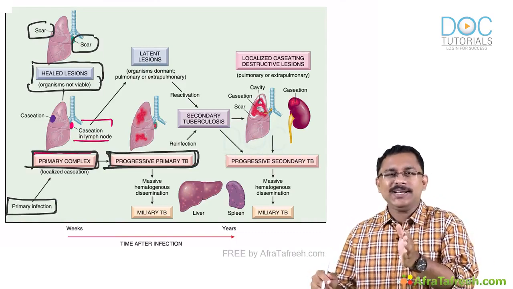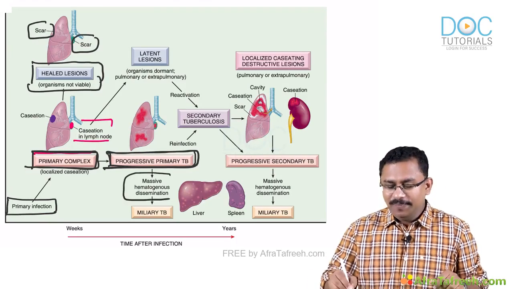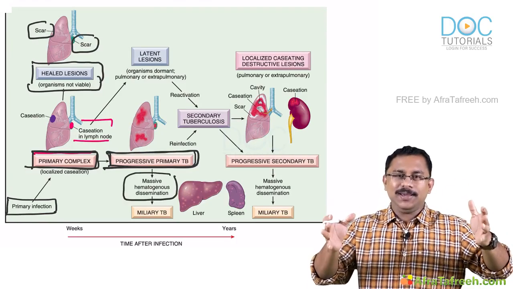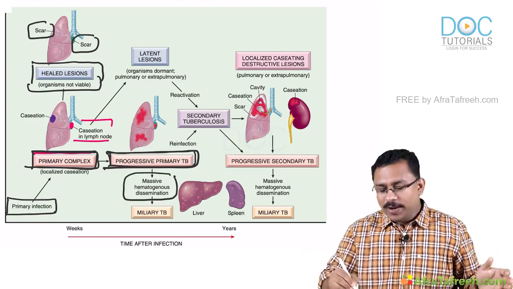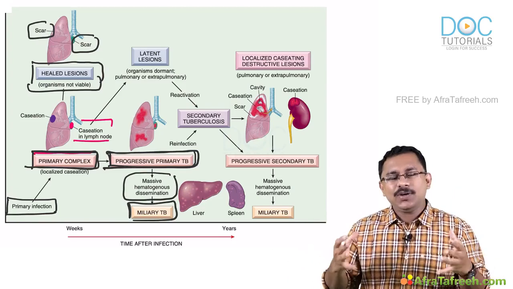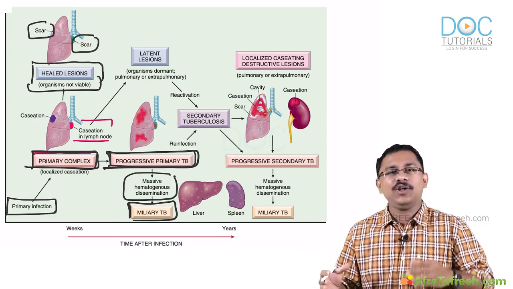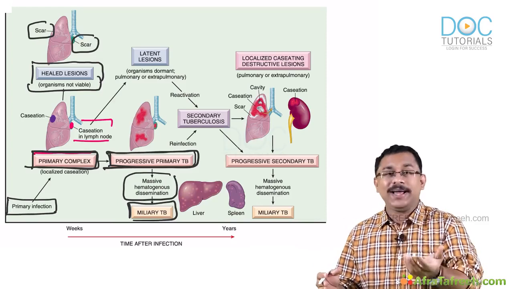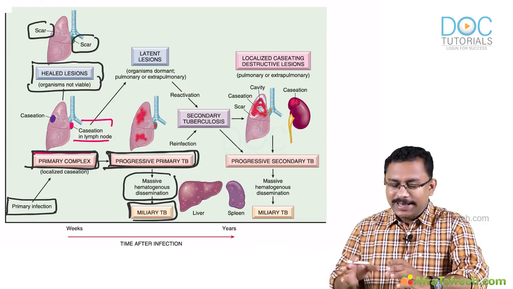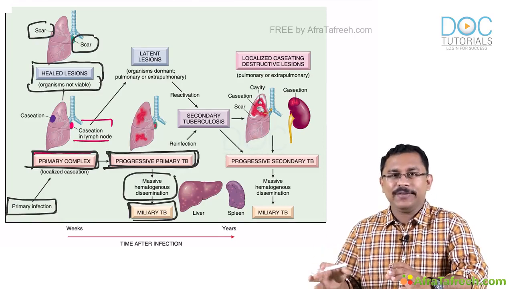Now some individuals, if the immunity is significantly compromised, from this primary TB which has progressed, you may also have a miliary TB developing. There is a hematogenous dissemination happening and multiple organs are involved. So that is one fate of your tuberculosis infection.